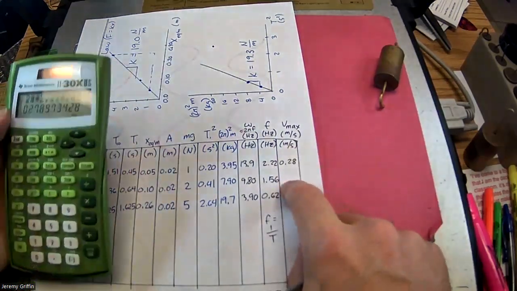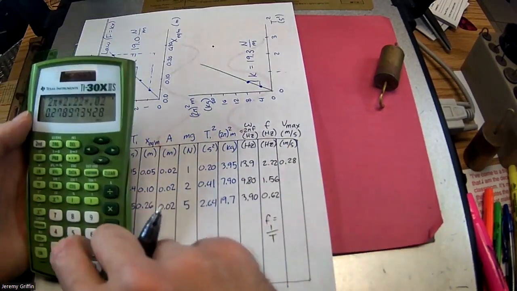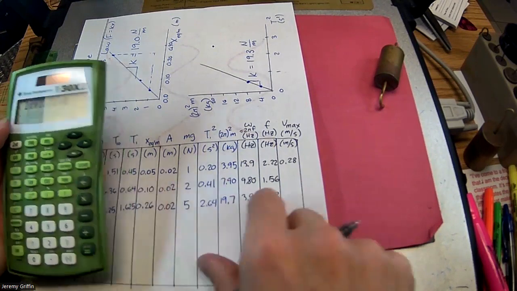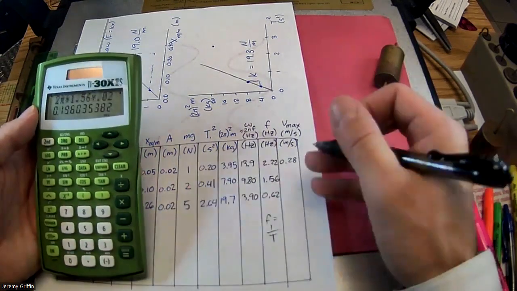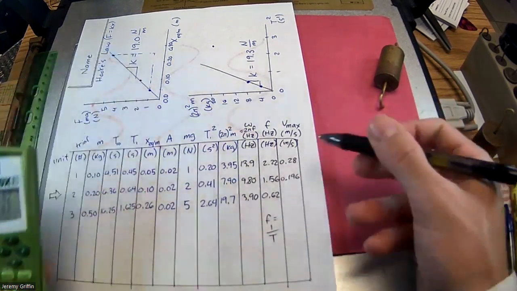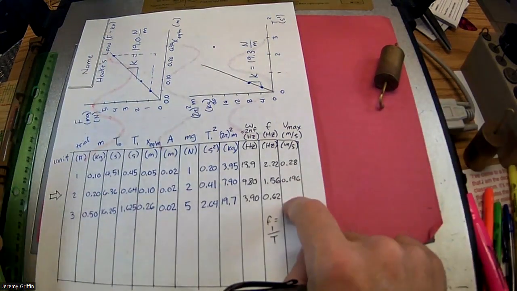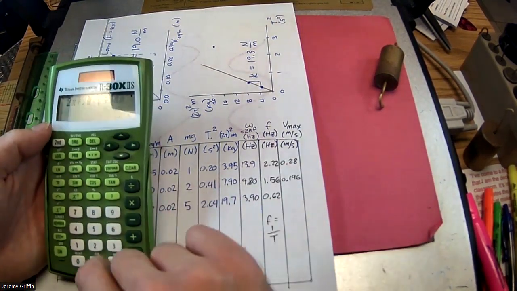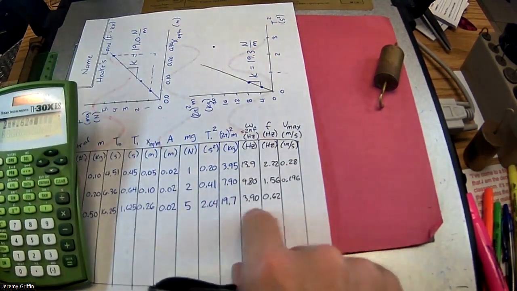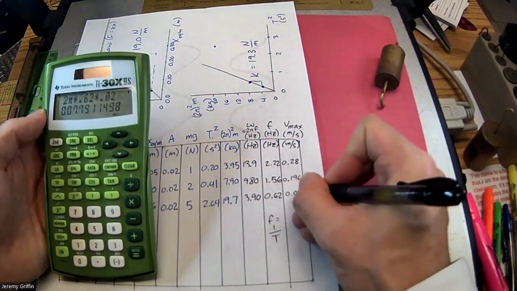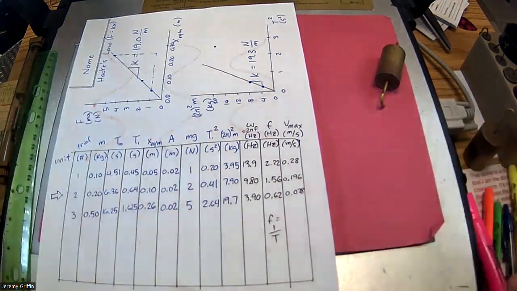This one we got already, but let's do it again. 2 pi times the frequency in hertz times the amplitude of 0.02 meters gives 0.196, or 0.20 meters per second. And for this one, 2 pi times this frequency times amplitude of 0.02 meters gives 0.07, something like that.